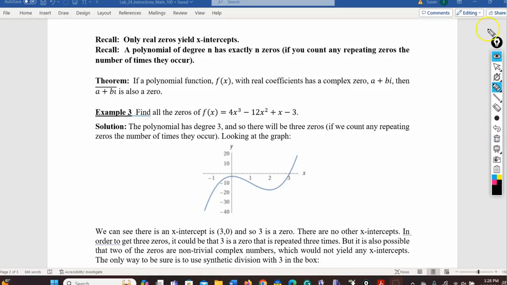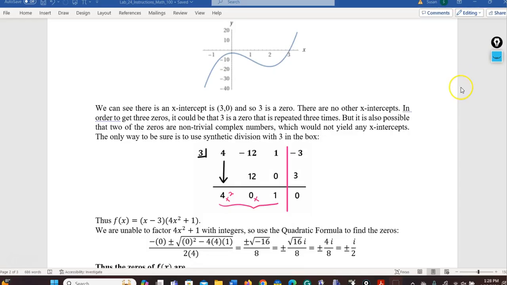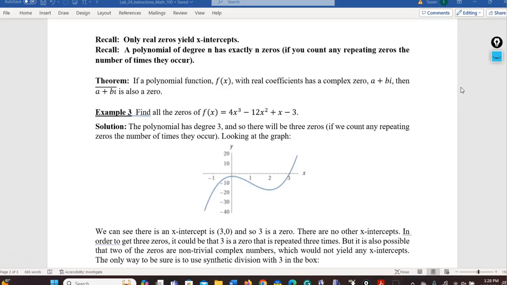Okay, so let me do it up here. So we see that 3 is a zero. So what I'm going to do is use synthetic division with the zero in the box.